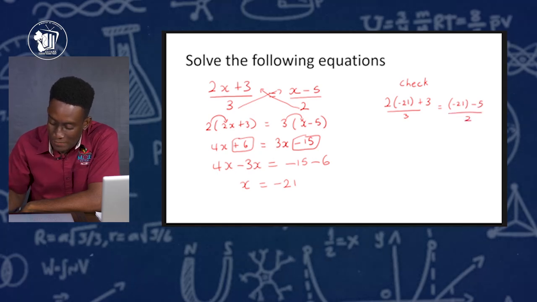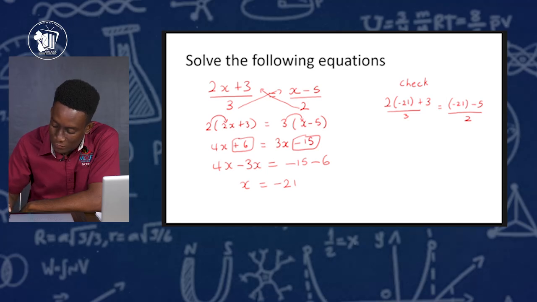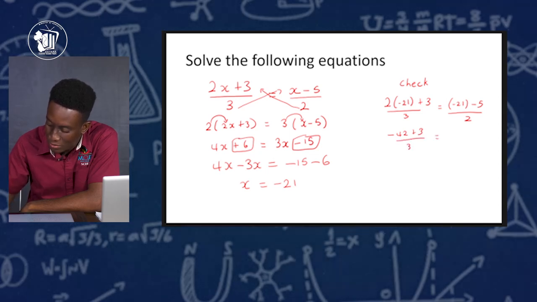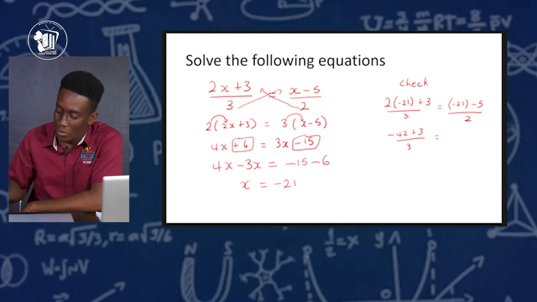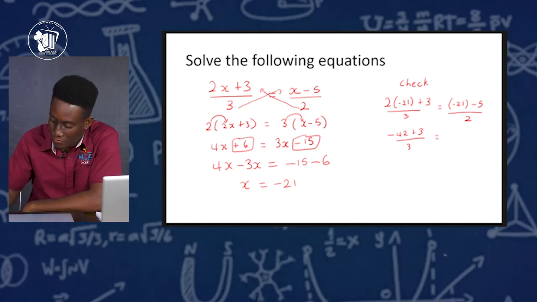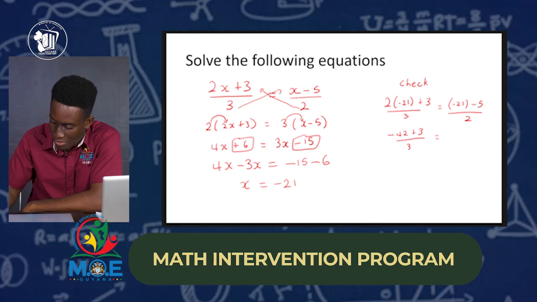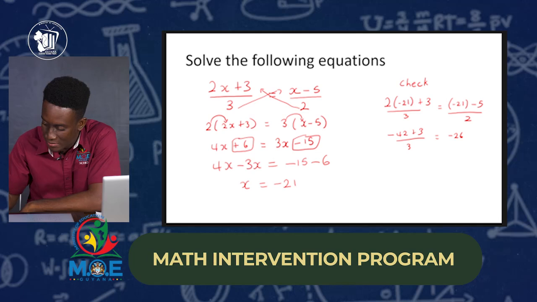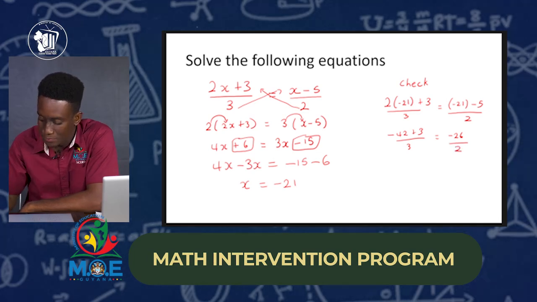So 2 multiplied by negative 21, that would give you a negative 42 plus 3, all divided by 3. And that would be equal to negative 21 subtract 5 would give us a negative 26, all divided by 2.